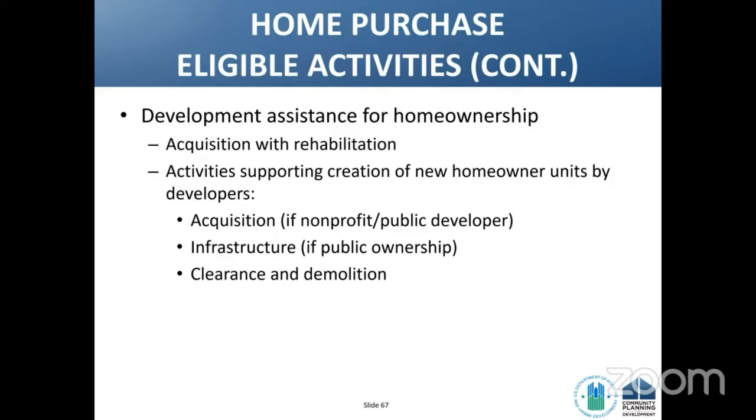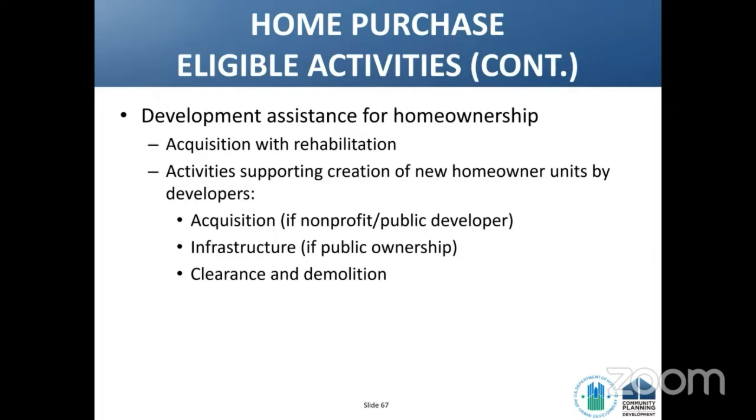Now, with the developers who are developing affordable housing that will be occupied by low and moderate income households, activities that support those units but are not considered new construction are eligible to assist the developer in being able to build the affordable housing. The cost of acquiring the land, but if you notice here, it has to be a nonprofit or public developer.